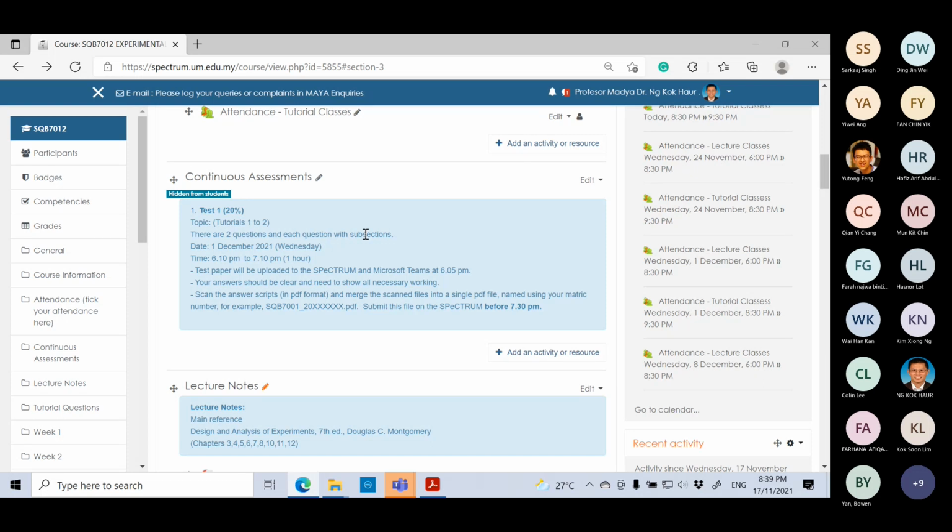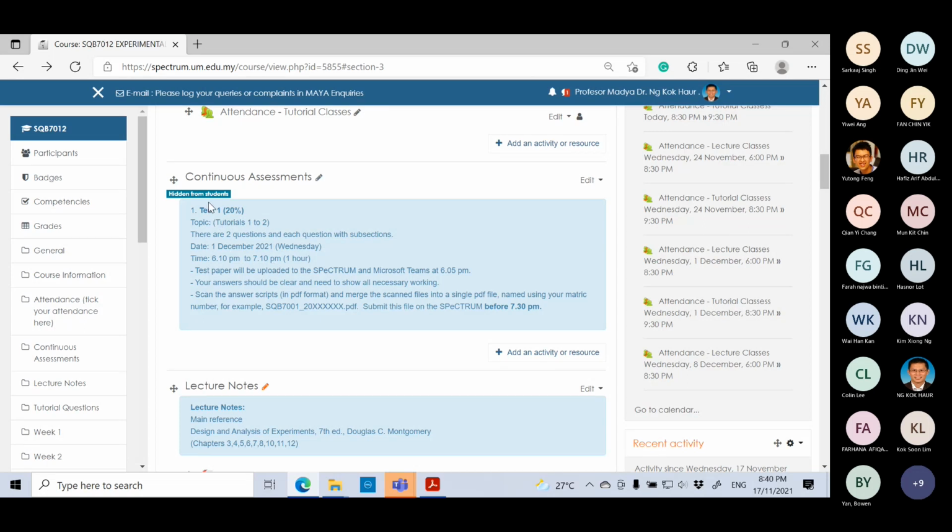You can refer to your materials while answering test 1. I put it at 6:10 because some students will be late to join the class, and I also want to make sure it's before 7:30. Therefore, I put in this odd time from 6:10 to 7:10.